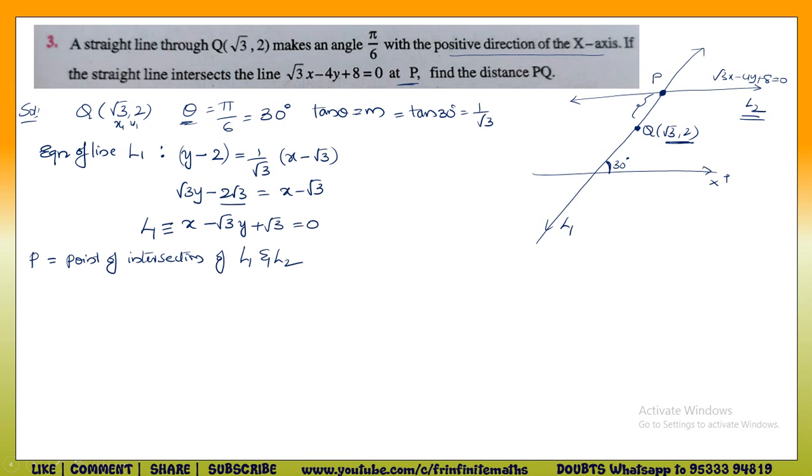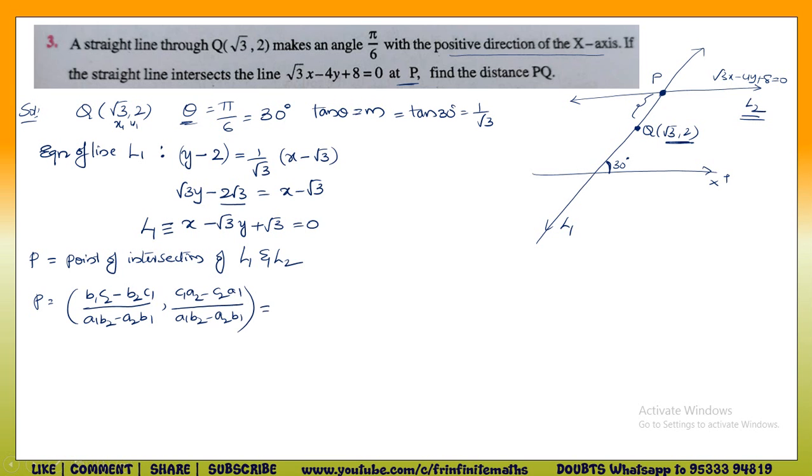We have a formula, right? What is the formula? P is equal to (b1 c2 minus b2 c1) by (a1 b2 minus a2 b1), comma, (c1 a2 minus c2 a1) by (a1 b2 minus a2 b1).